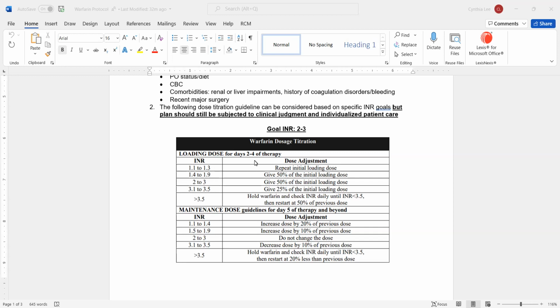So those are some little details, specific patient factors that you will need to look at to determine if this guide right here can be followed for your specific patient.